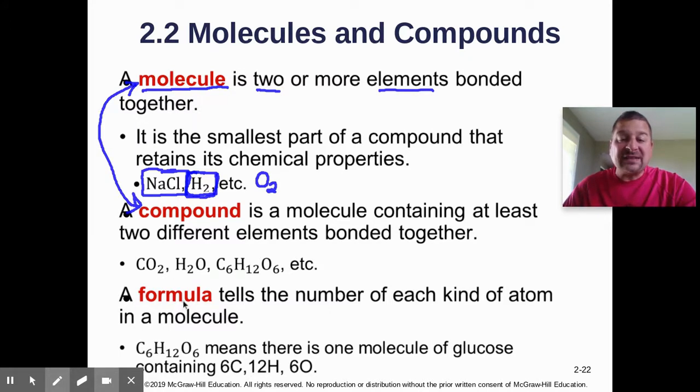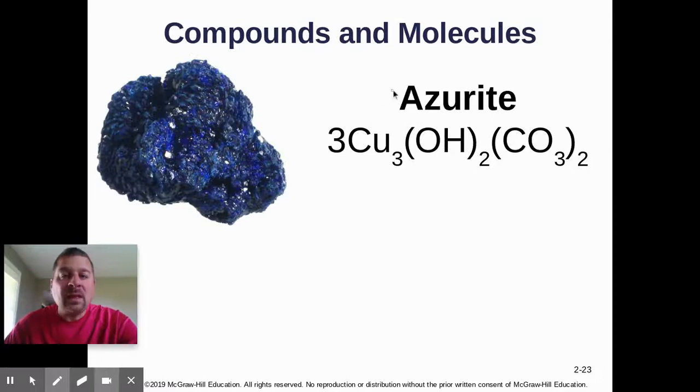A formula tells us, in a certain compound or molecule, what elements or atoms are in there and in what ratio, or how much of each. So if we take a look at that, we'll use a compound called azurite.